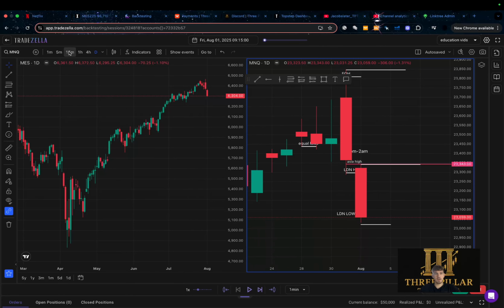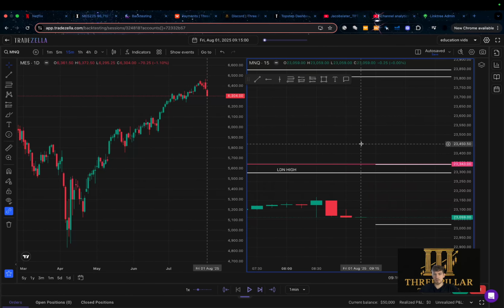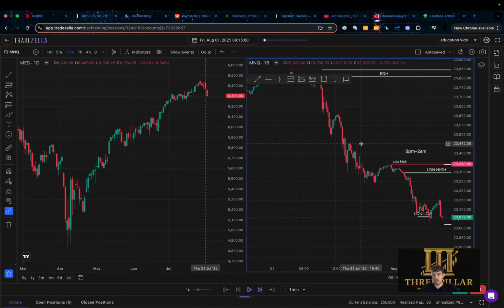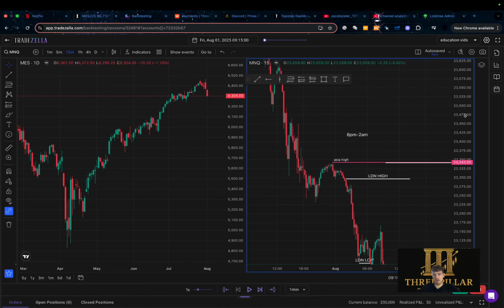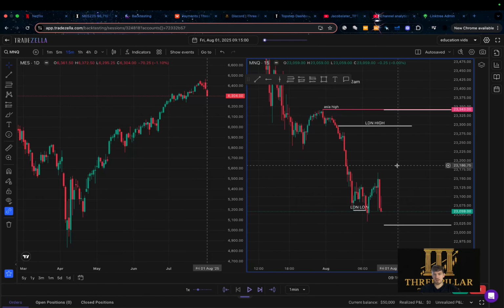You can also mark it on the 15, but sometimes people less used to seeing it on the 15 find it a bit harder to spot. Basically, you look from 12 o'clock, right at the start of the new day, and between where price is now and the lowest point we've got to, which is here.